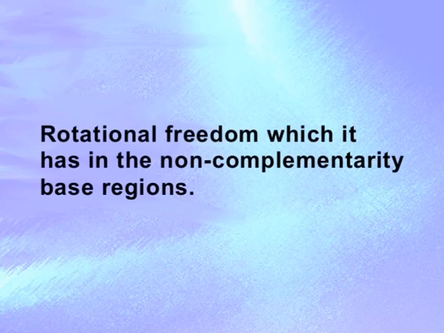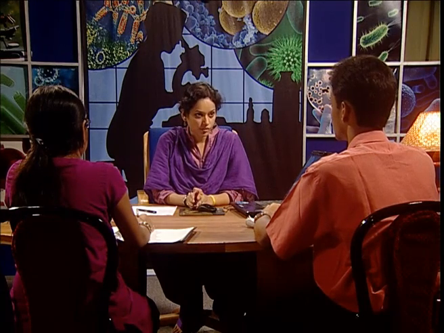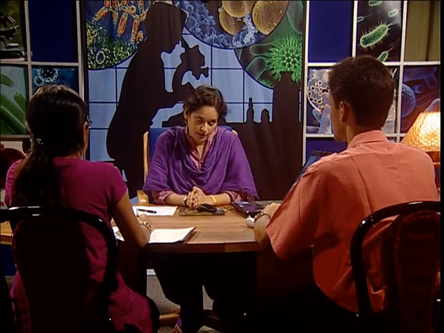It is because of the rotational freedom it has in the non-complementarity based regions. So, the sugar backbone is able to rotate. Moreover, it is due to the formation of base triples like UAU and other structures which contribute to the formation of tertiary structure of RNA.